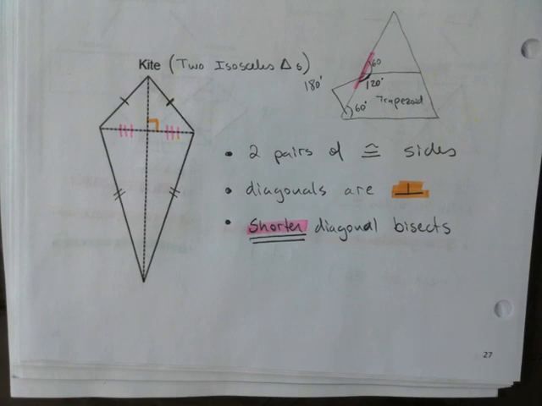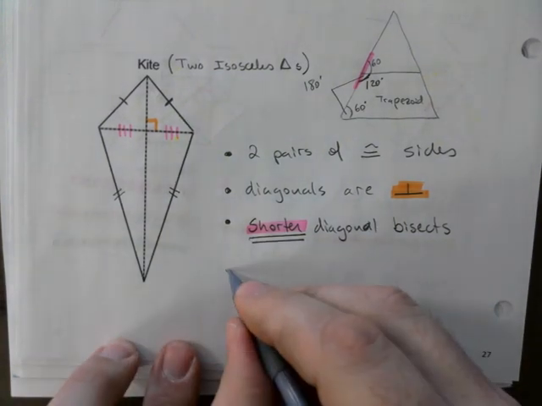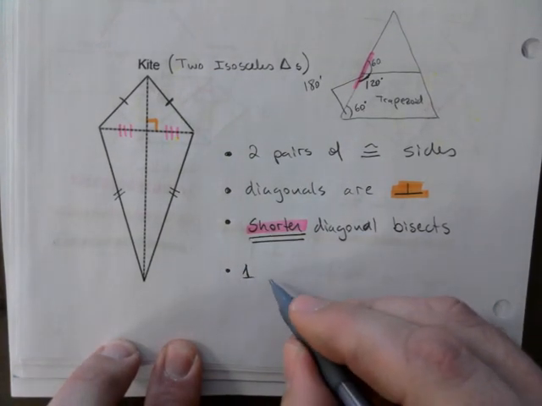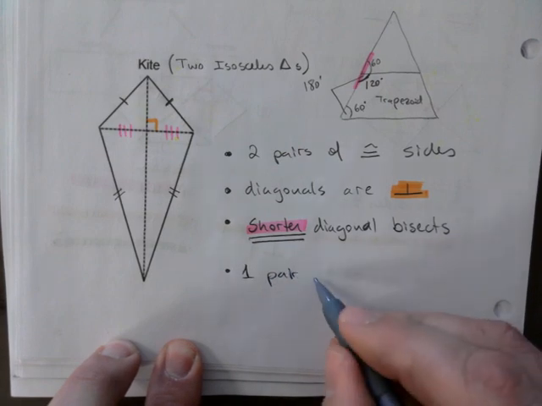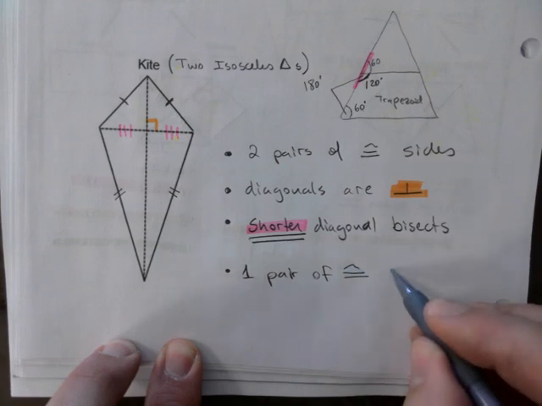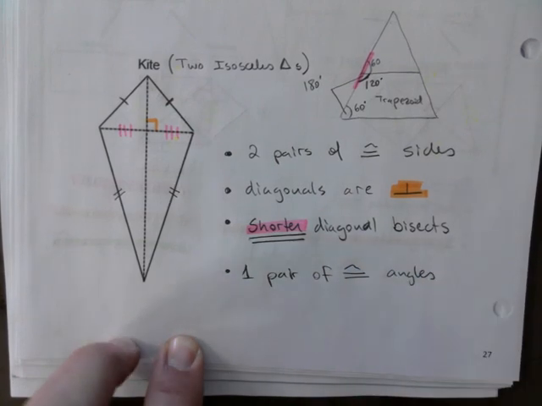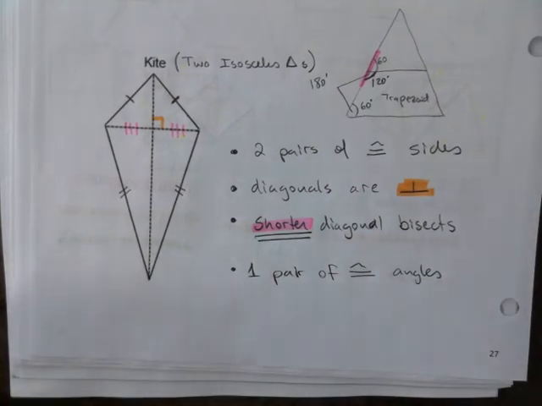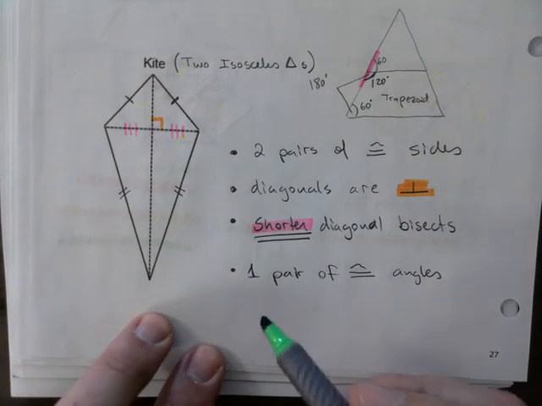I'm trying to not give you the ones that are going to give you a headache. So I'm just, oh yeah, one more. One pair, this is the last one, of congruent angles. You're going to have to do some memorizing here because I feel like this would take up a lot of space on your study sheet. So I would say don't do it.